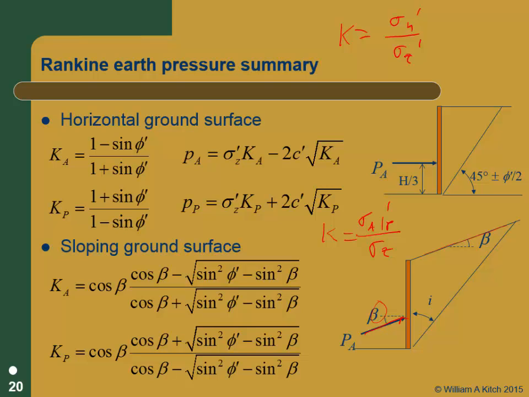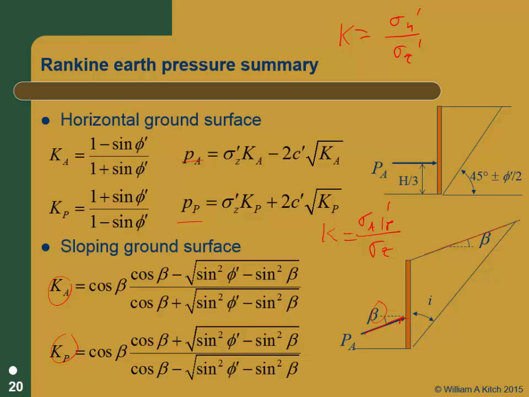There's definitely some confusion about this. So when I use these earth pressure coefficients, notice that I'm calculating stresses, and these stresses are in the direction, in the case of Rankine, parallel to the ground surface. In the case of Coulomb, they're at the angle delta to the back wall face.